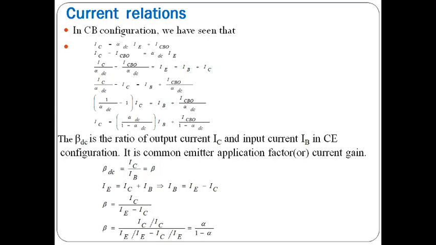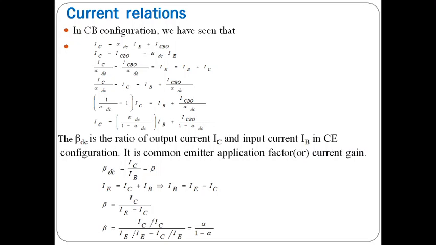So IC by alpha DC minus IC equals IB plus ICBO by alpha DC. Taking IC common, we can write (1 by alpha DC minus 1) into IC equals IB plus ICBO by alpha DC. So IC equals alpha DC by 1 minus alpha DC into IB plus ICBO by 1 minus alpha DC.